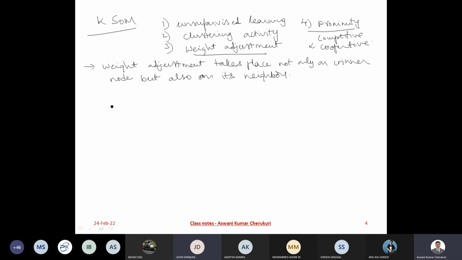Now, since the input is the patterns and the output is the clusters, obviously we are going to have m number of patterns and n number of clusters, where n is typically less than m. So m patterns are in the input and n clusters are in the output.